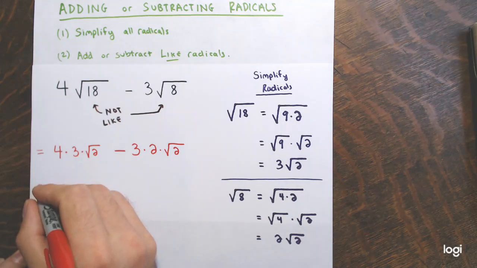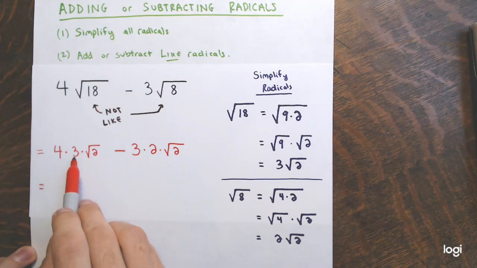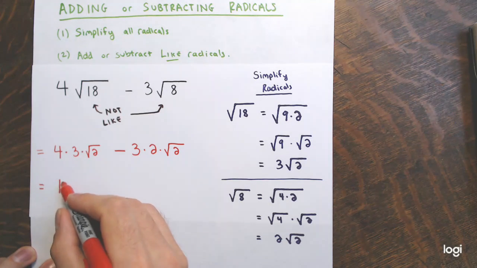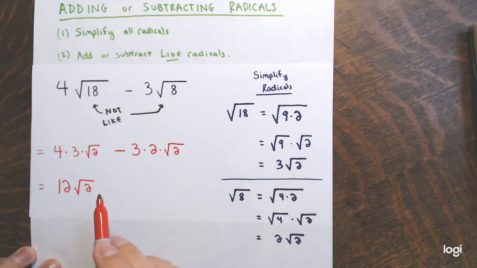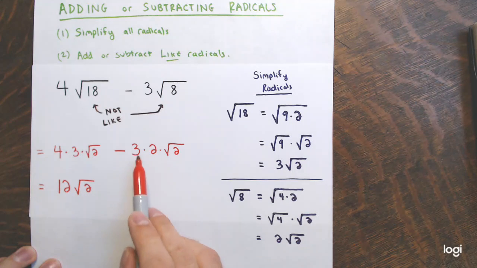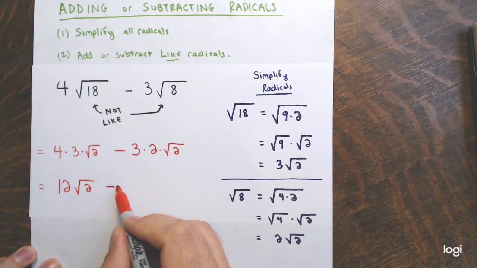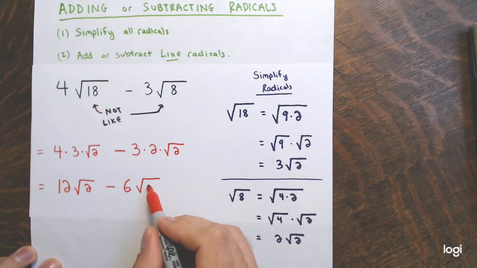So this first term, when you multiply the non-radicals, 4 times 3, that's 12, so I have 12 times the square root of 2 in the first term, plus the second term, you have negative 3 times 2, that's negative 6. We have minus 6 here times the square root of 2.